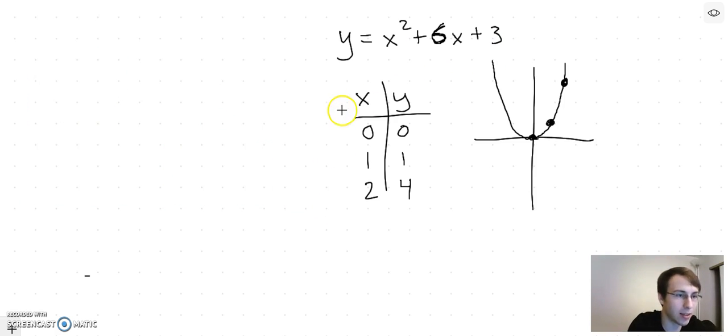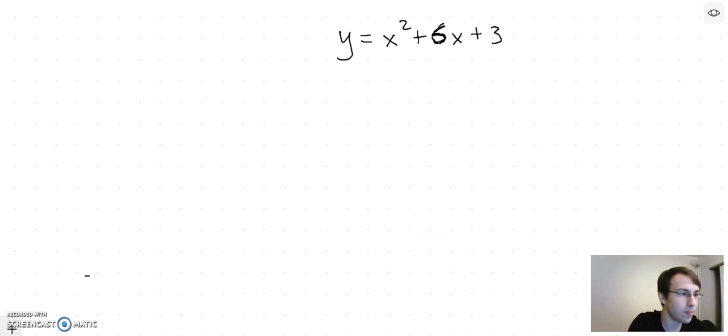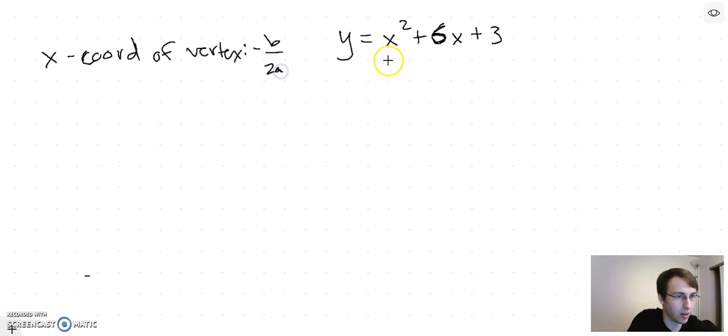The x-coordinate of the vertex is given by negative b over 2a.